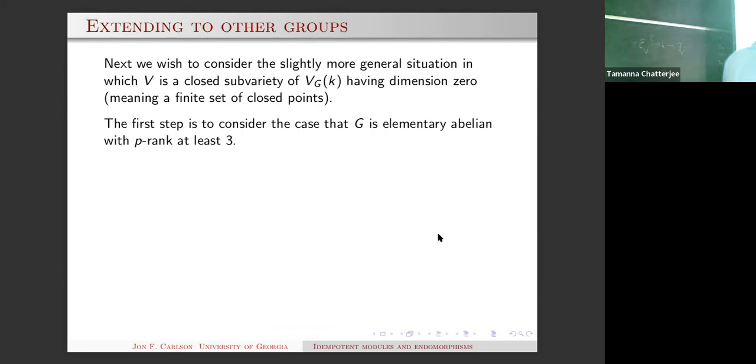What we've done up to this point is the case where V is a single point. Dimension 0 means I actually want a finite collection of points. So I've done it where V is a single point, and now I want to do it where V is a finite collection of points. This is the extension that I want to do.